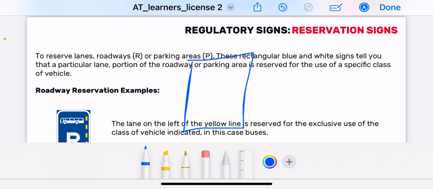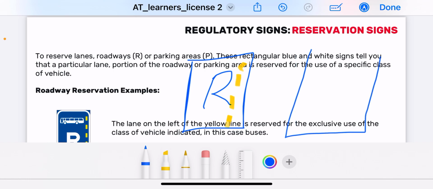shape. So, written R for the lane, but normally you see this for the lane. And then another reservation, you see this, and then you see P. This P is for parking.